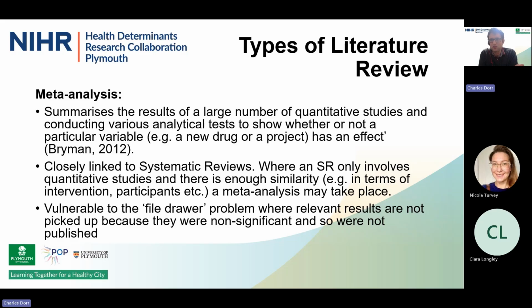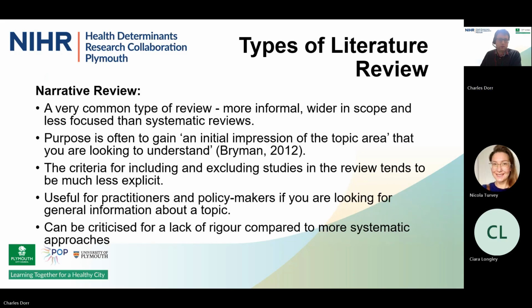They do have a bit of a drawback, though: you will only be looking at research that's been published, and there is a difficulty that sometimes comes about because academics don't necessarily publish studies if the study hasn't found a significant effect. So that's what's called the file drawer problem, where non-significant effects are not included in a review.